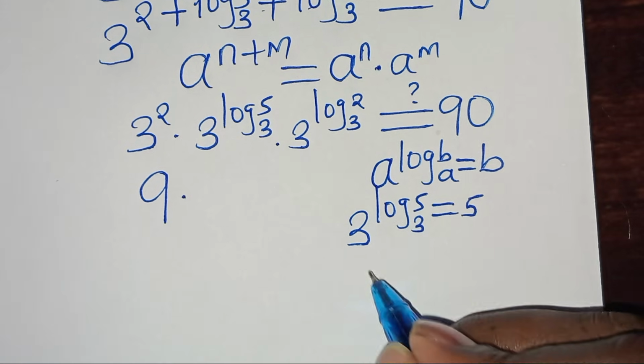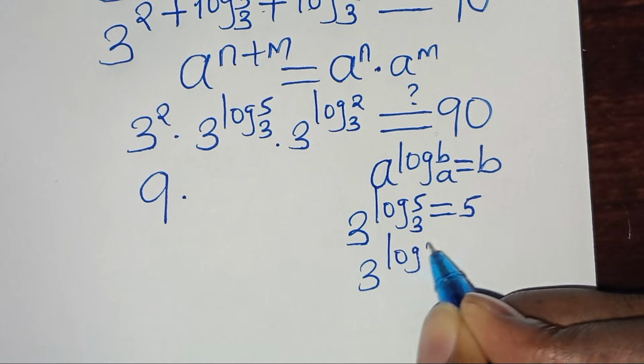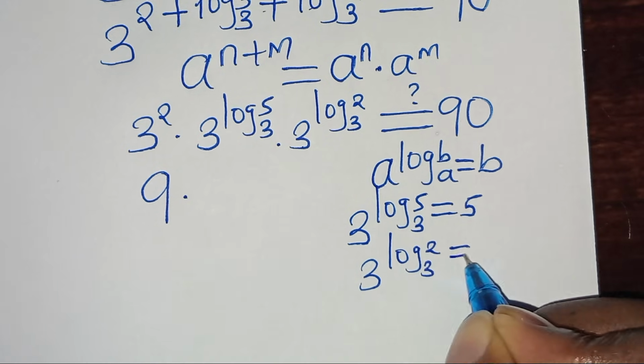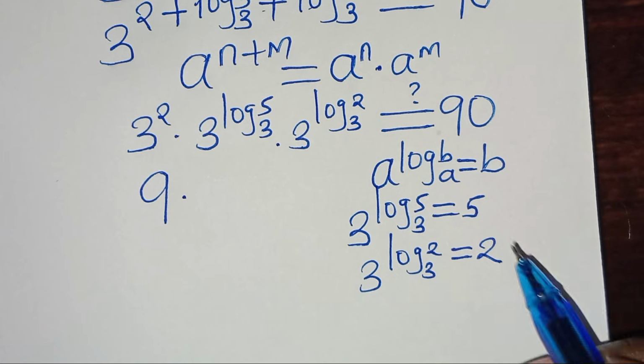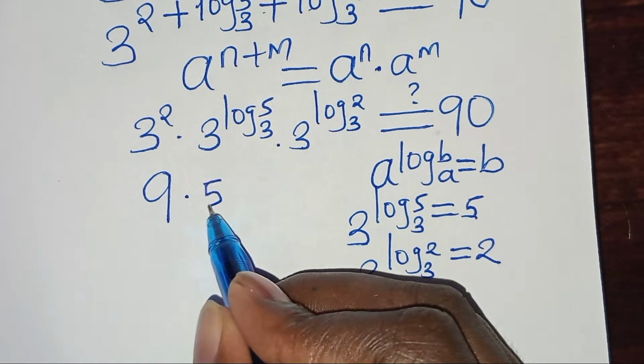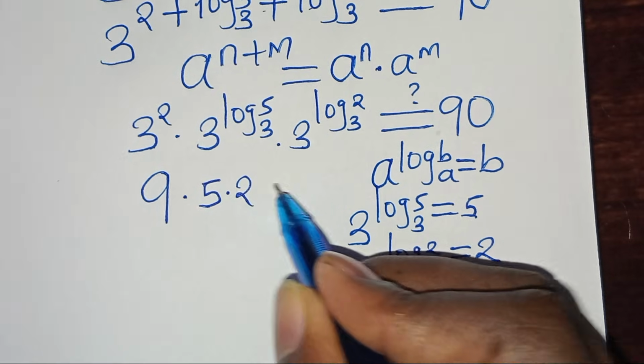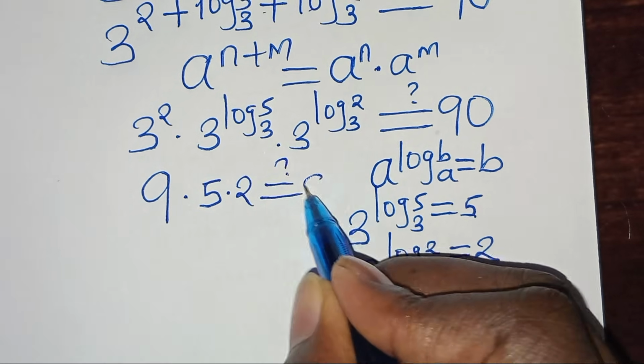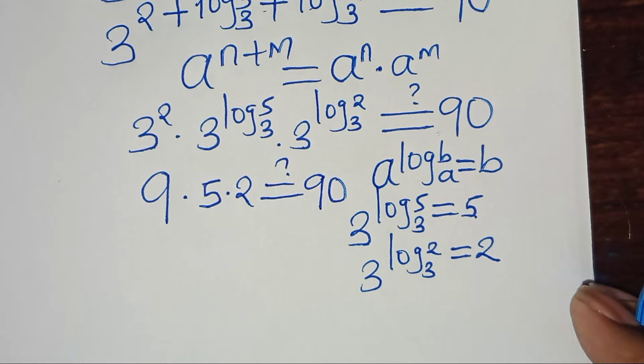And we have that 3 to the power of log 2 to base 3 should give us a value of 2. So let's substitute 5 and 2 so that we have 9 times 5 multiplied by 2. This is supposed to give us a value of 90.